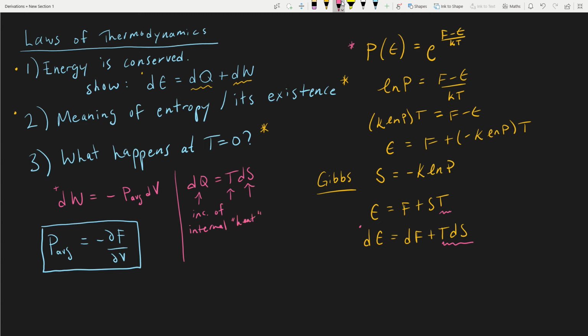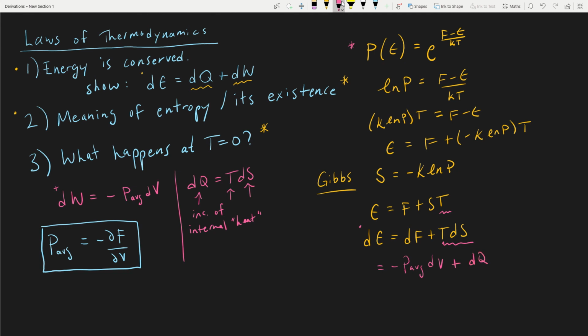Continuing on here, we can see that if, for example, this free energy F is only a function of volume, then we can easily see that dF is equal to negative P average dV. And then we've already seen that T dS is going to equal dQ.